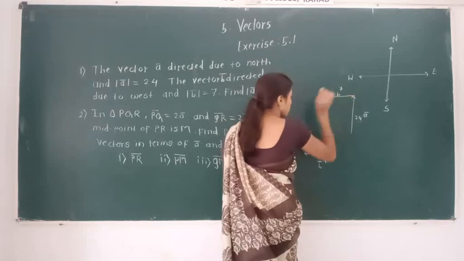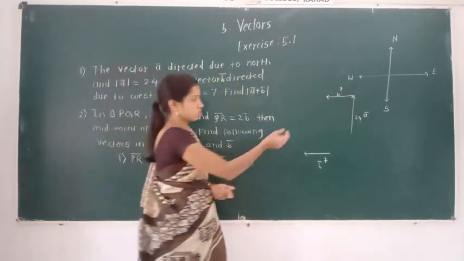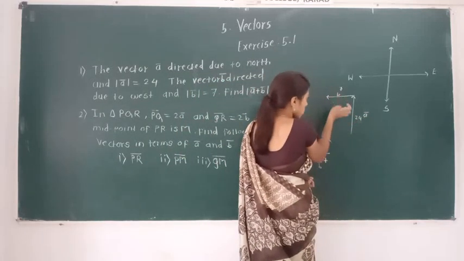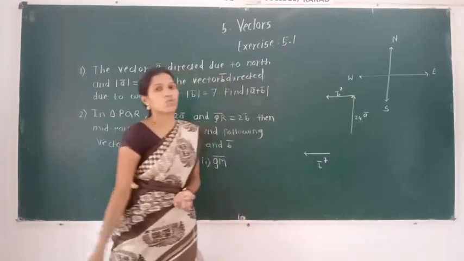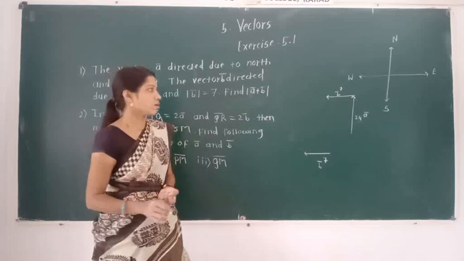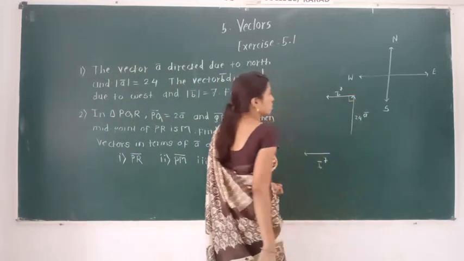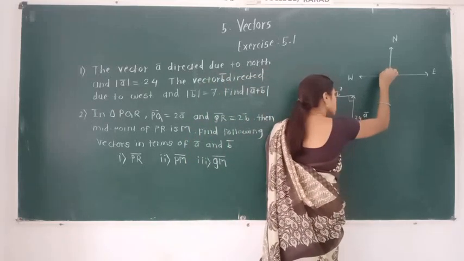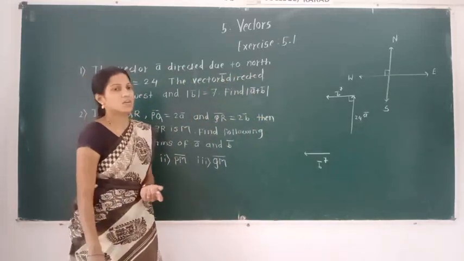Its magnitude is given as 7. So now in this question we have the magnitude of A bar and the magnitude of B bar. Now how to find the magnitude of A bar plus B bar? In this question we know that the angle between these two vectors is 90 degrees, meaning the angle between the directions north and west is 90 degrees.